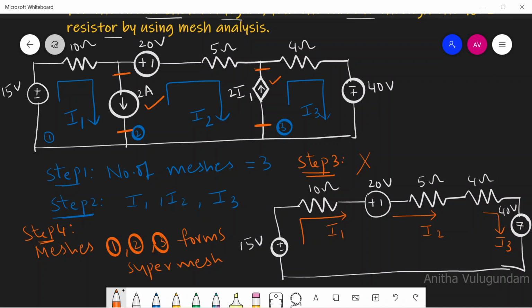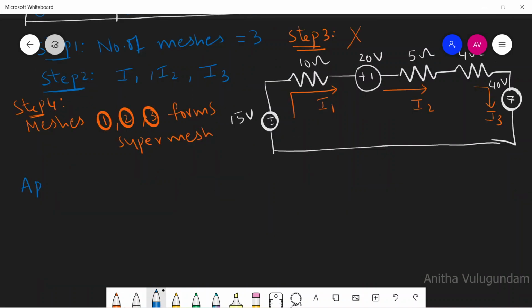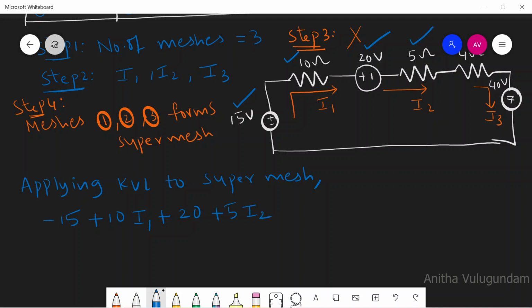Let us apply KVL to the super mesh. Applying KVL to the super mesh, we get, I'll start with 15 volts: minus 15 plus 10 into I1 plus 20 plus 5 I2.